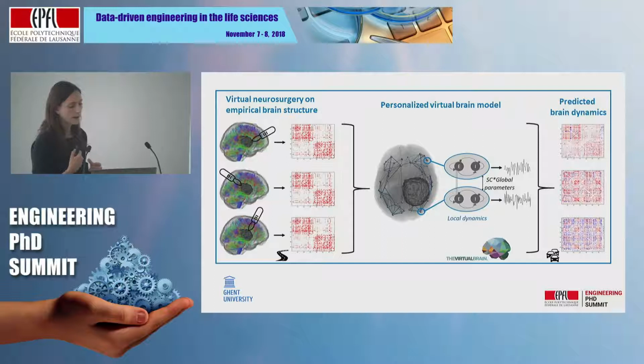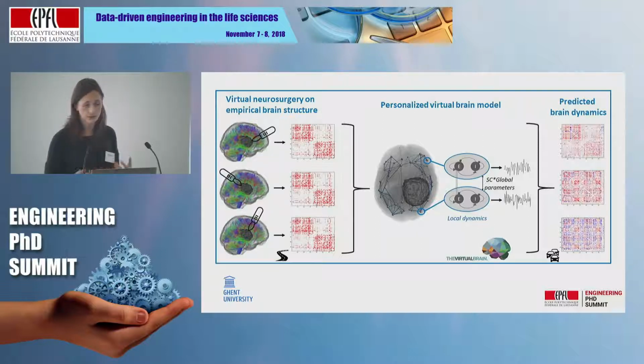We could start experimenting with how far we can go with removing possibly tumorous tissue until the network breaks down. And for every scenario, we can then reconstruct the structural connectome, run our simulations, and then from the simulated brain dynamics we can choose which scenario is the best, which neurosurgical strategy leads to the best outcome.